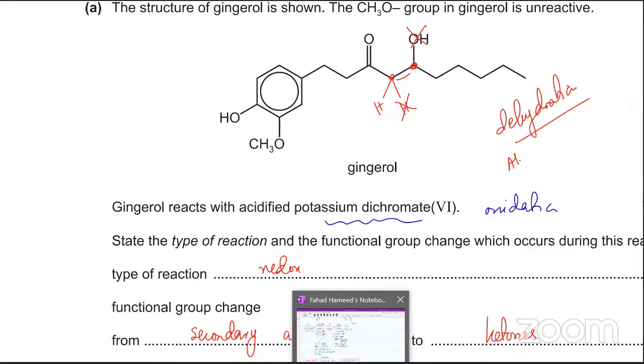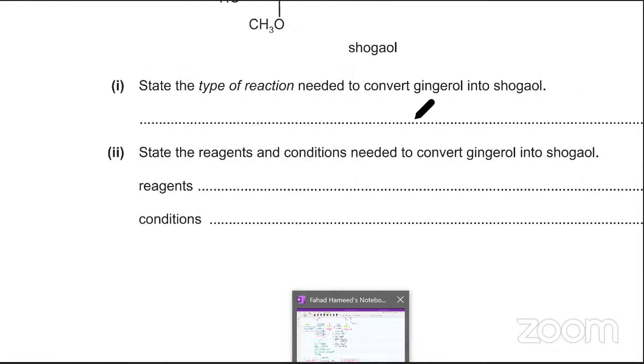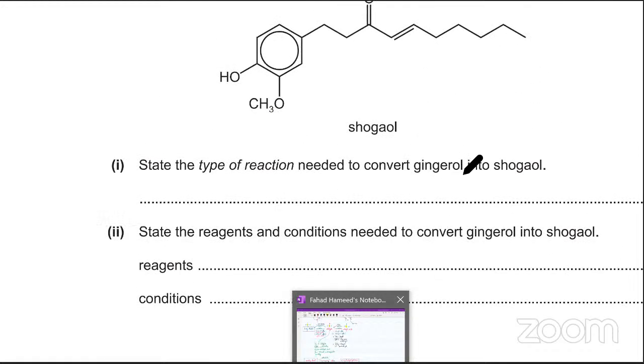You can either heat it with Al2O3 or SiO2 or pumice, or you can use concentrated H2SO4. You can bubble it through concentrated H2SO4. I think Al2O3 SiO2 should do the job. And the type of reaction needed to convert, that's dehydration.